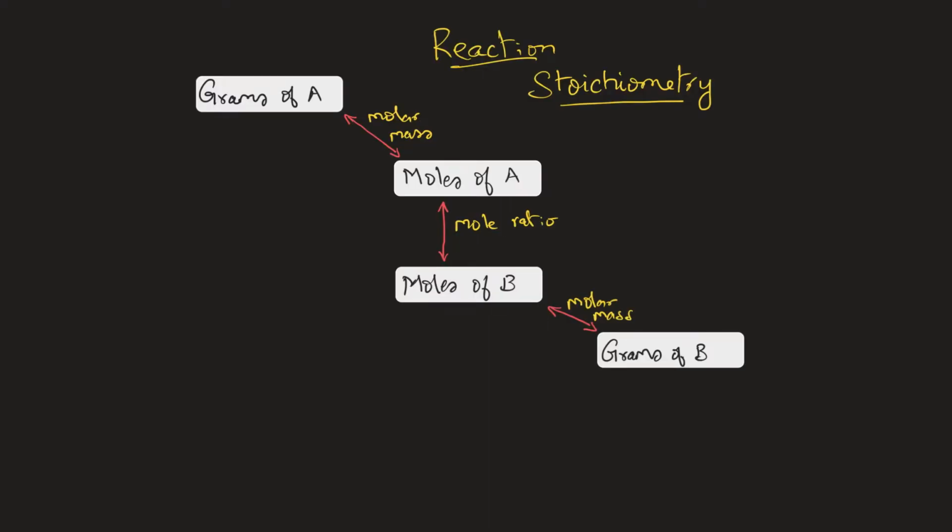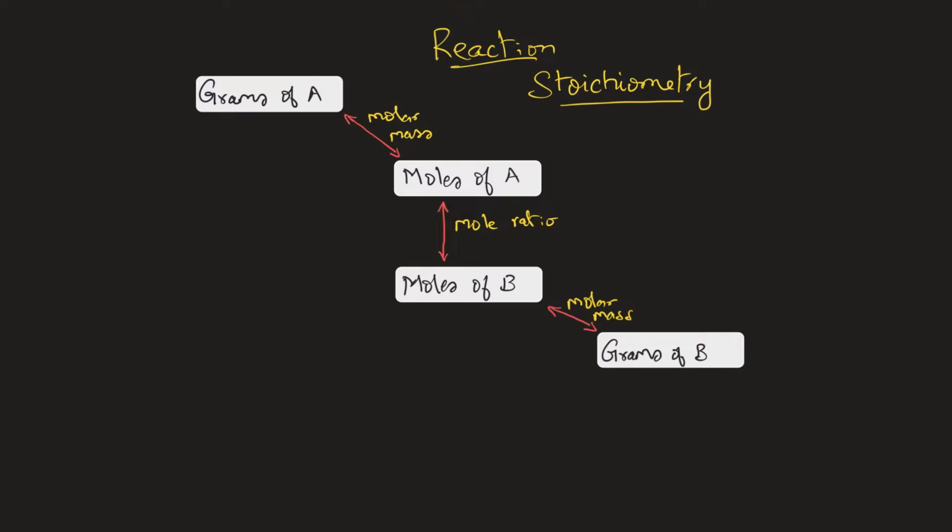Now, before we move forward with an actual example, pause the video for a second and note this down in your notebook. As you note this down, you will notice that the central point in this diagram are the moles. Moles is the language of chemical reactions.